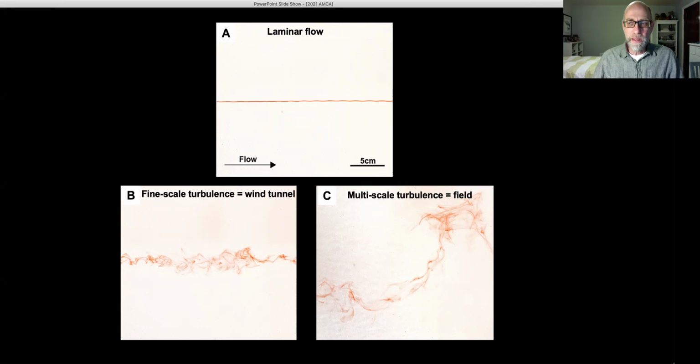However, in the field, the distribution of a scalar cue, such as carbon dioxide, is affected by atmospheric eddies that result in larger scale turbulence. And you can see that in this image here.